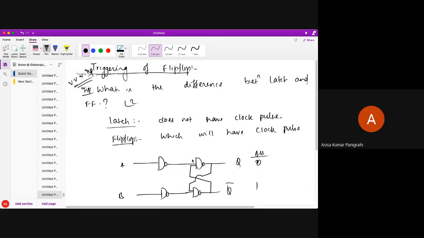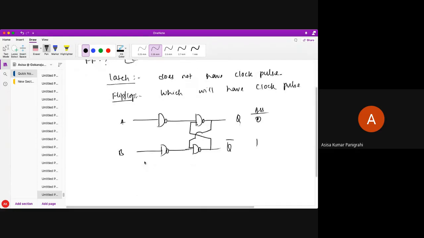This is called a basic latch. A basic latch retains a desired value, whatever it is. The desired values are the previous value, set value, or reset value. These desired values need to be stored using this latch, and there is no clock pulse. Is there any clock pulse?